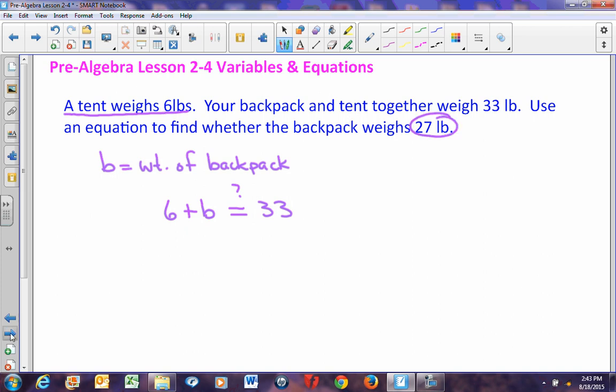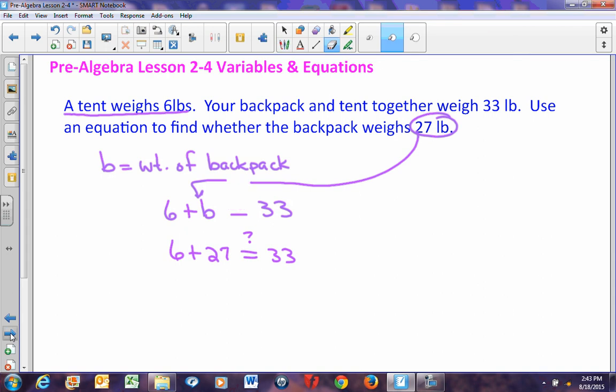So we're going to substitute 27 for B. 6 plus B equals 33. So 27 plus 6, let's see, 7 and 6 is 13, so 33 does indeed equal 33. So yes, the backpack weighs 27 pounds.